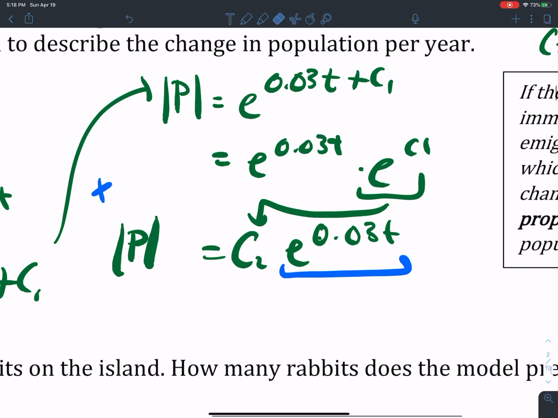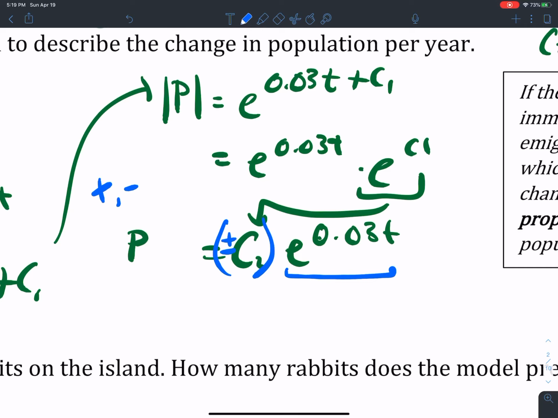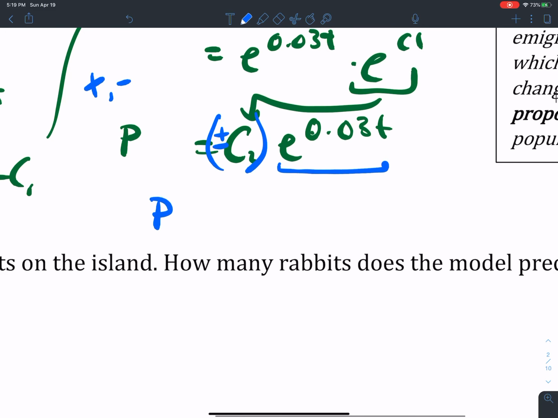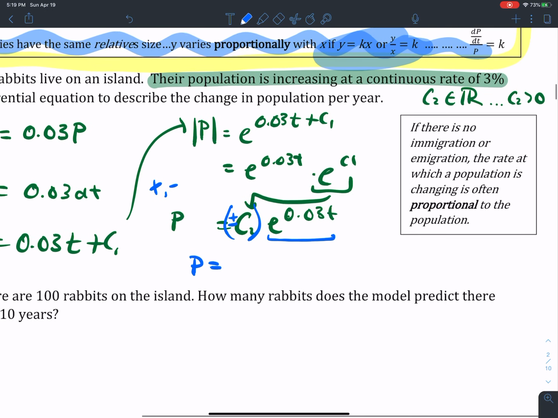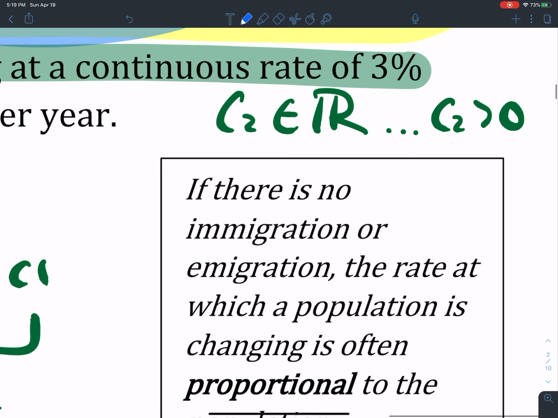But then to undo the absolute value, the way that we undo an absolute value is by including a plus or minus sign. And since this is always positive, if this could be positive or negative, the only thing that could change here would be this constant C2. But rather than leaving it as a plus or minus C2, here I restricted C2 to being a positive real number.